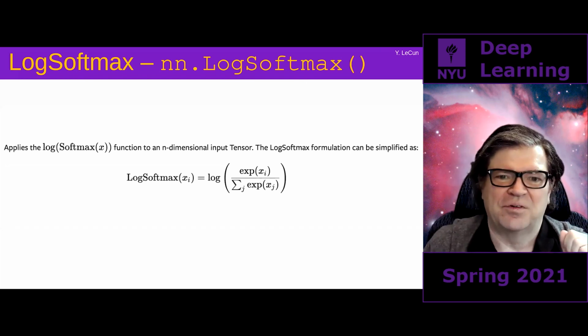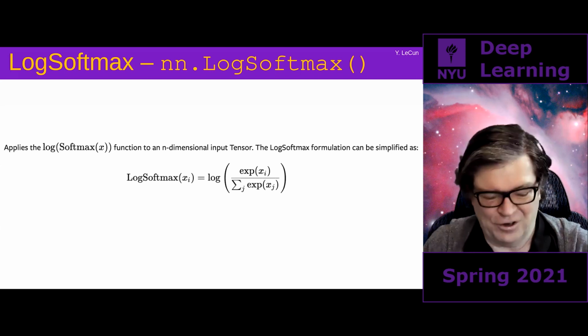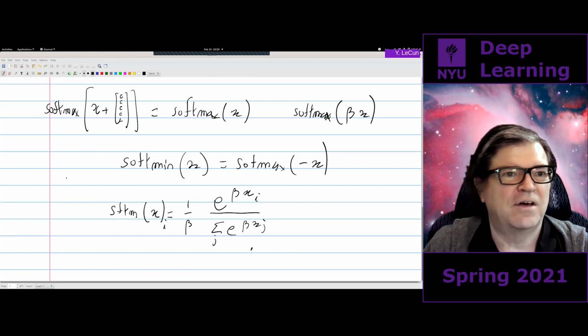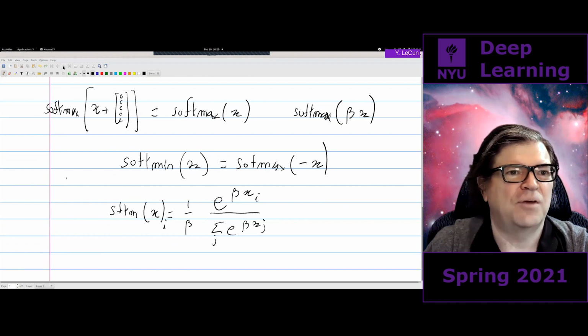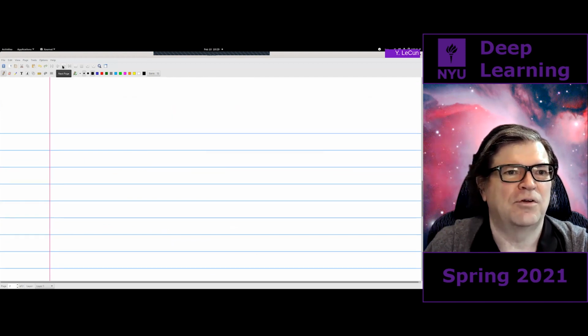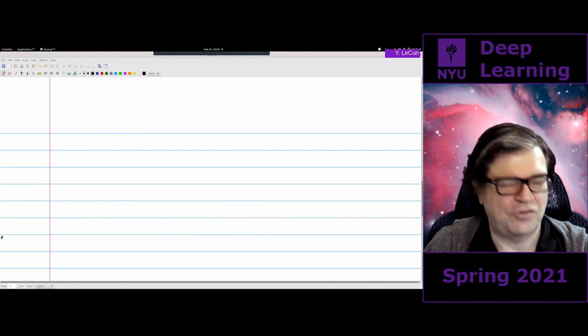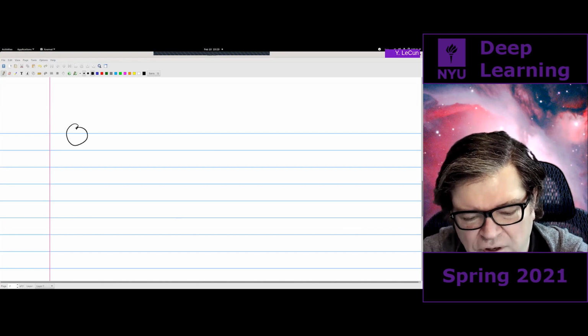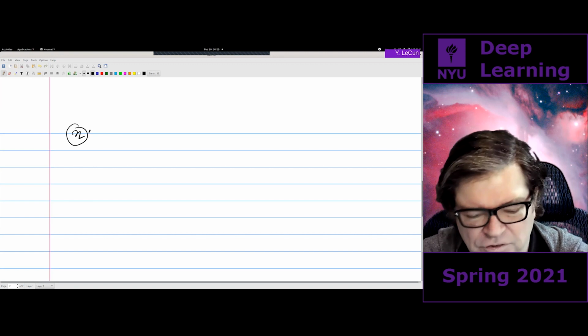But then why do we need the log? So I guess it's time to talk a little bit about a particular type of standard classifier architecture, of neural net. You would have an input X, an image, audio, whatever it is.